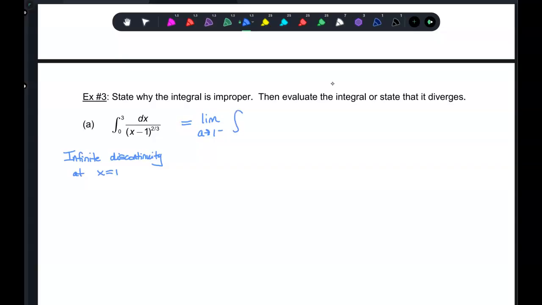So that'll go from 0 to 1 of the integral. Plus, then I'll do the limit as B approaches 1 from the right. So B to 3.